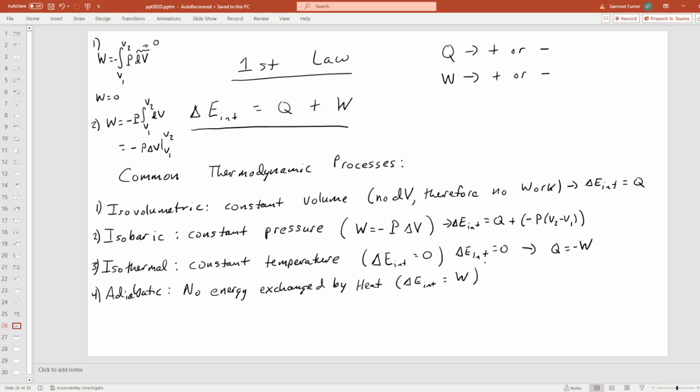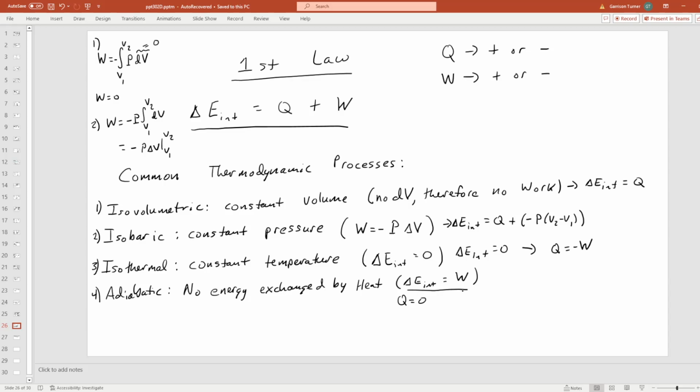And that means that Q equals 0 for an adiabatic process. Okay? And that means that your change in internal energy is equal to your work. Okay? So all of these are very common processes in various systems. All right. Now, again, these are some of your simpler general processes, but they are not the only processes. Okay. But they do happen quite frequently.